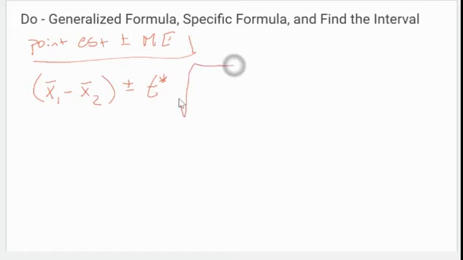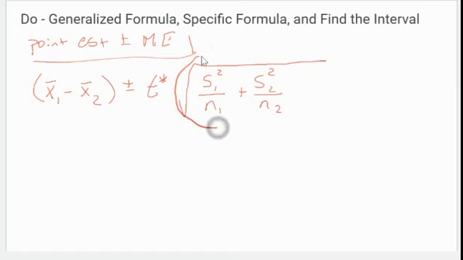And our standard error is this. It is the standard deviation of the first sample squared over the sample size plus the standard deviation of the second sample squared over the sample size of the second sample. So this should be familiar. This right here, we have used before, okay?